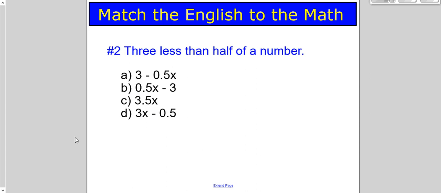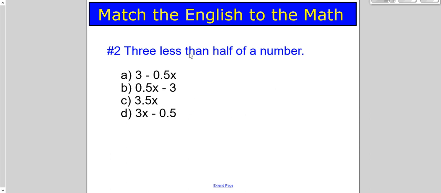Okay, try this one. 3 less than half of a number. So take a look at all those options. Pause it if you need to. Which one is 3 less than half of a number?